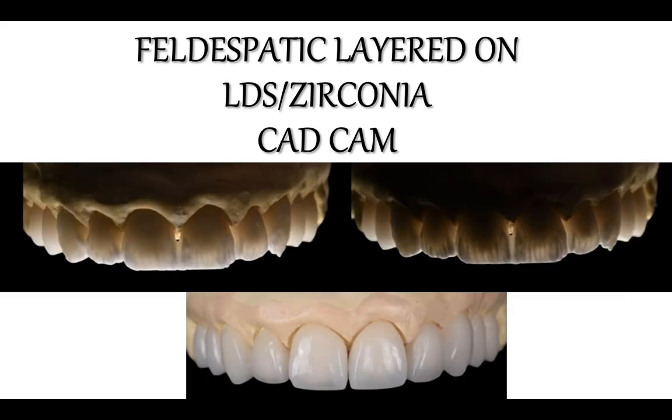So, for example, you can observe that this technician started to add some layered feldspathic on top of the core, and at the end, look how beautiful they look. It's not as beautiful as just feldspathic itself, but it's very different. It's beautiful, and it's nicer than staining only.